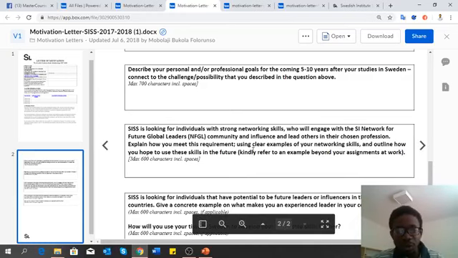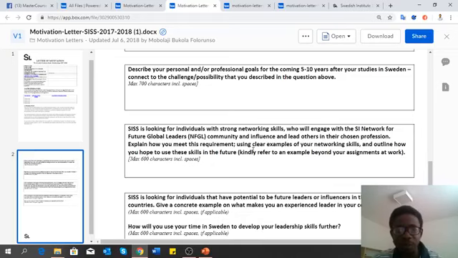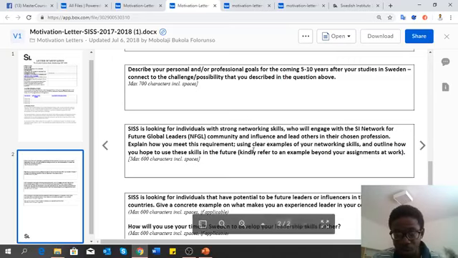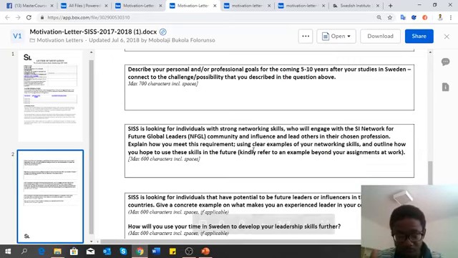So now let me give you one secret. The SI scholarship likes you to give examples of your leadership experience from outside your official work duties. Yes, fine, you've had some leadership experience from work, and you should also include that in your applications.